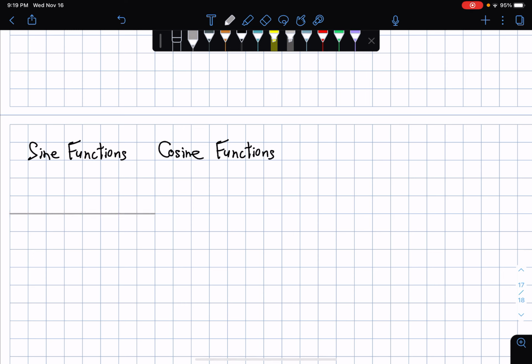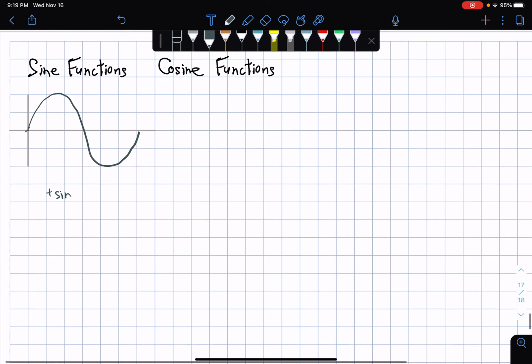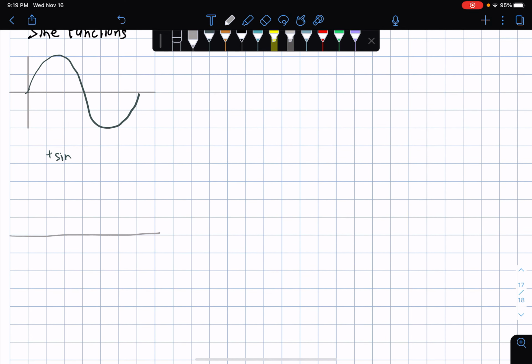For sine, based on a particular graph like this, if the sine is a positive function, it basically starts from here, like that. If the sine function is negative, then the curve would start from below.